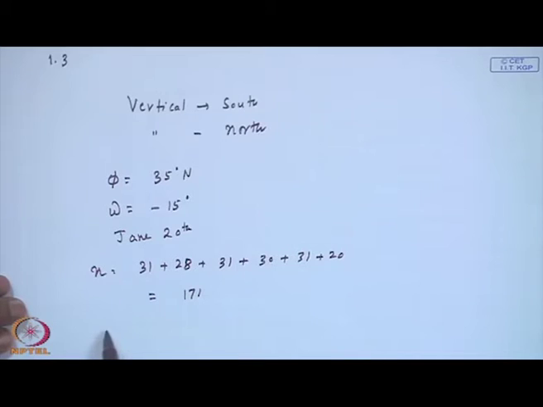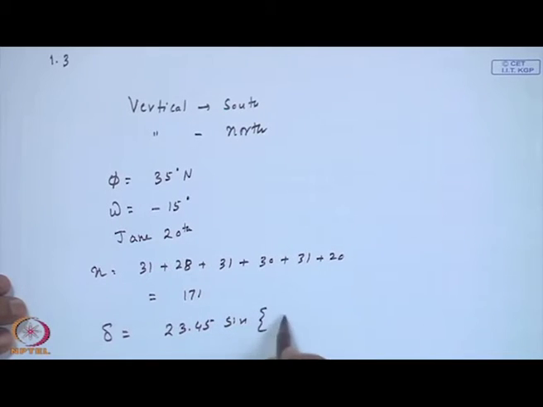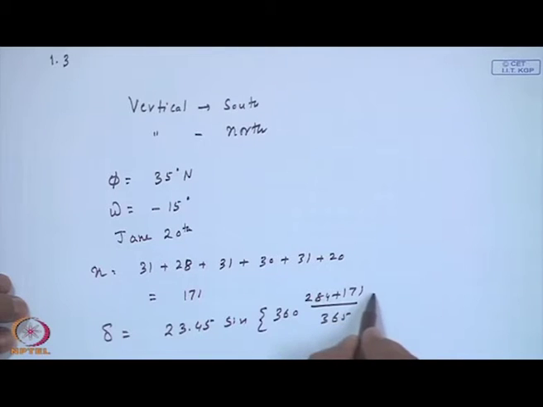So, that my declination delta is given by 23.45 sin 360 times 284 plus 171 upon 365. Okay.